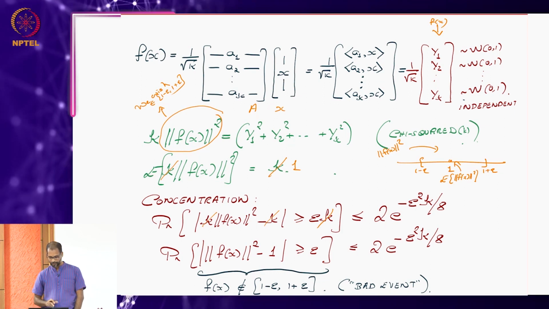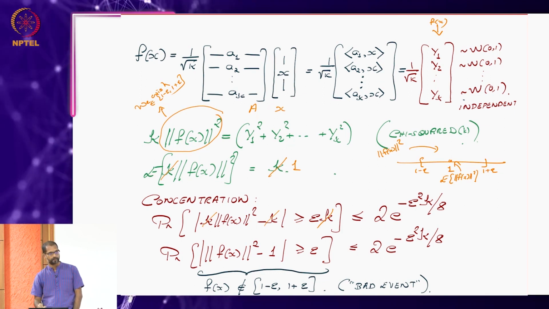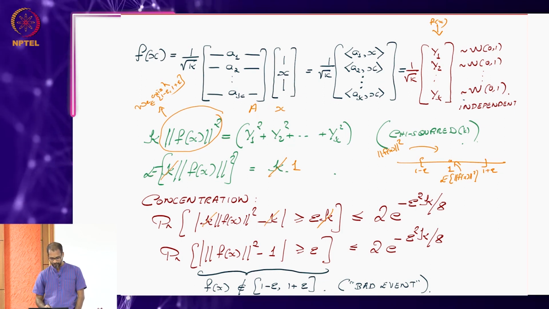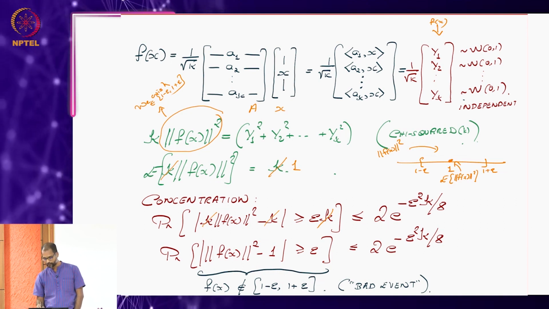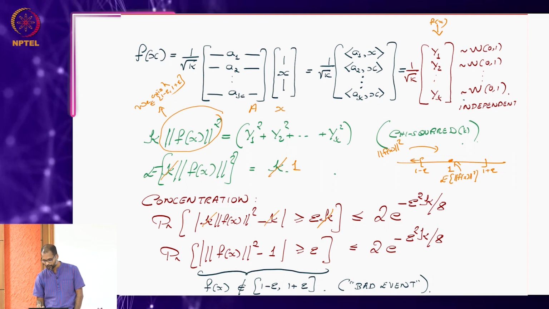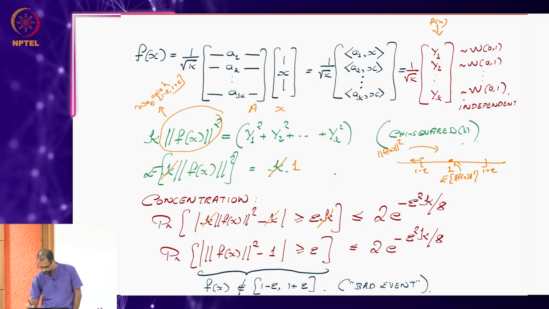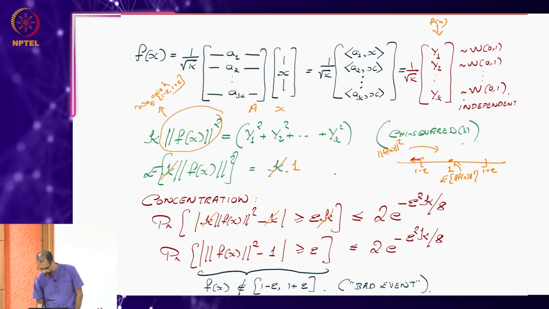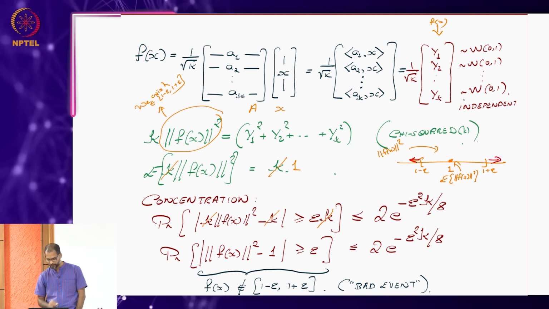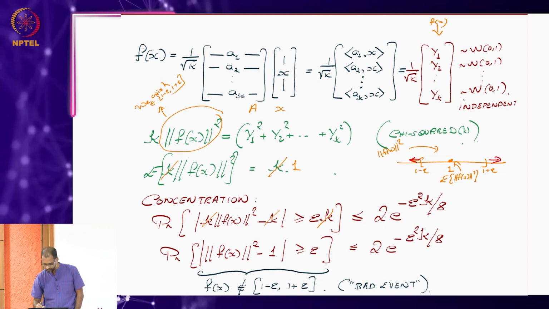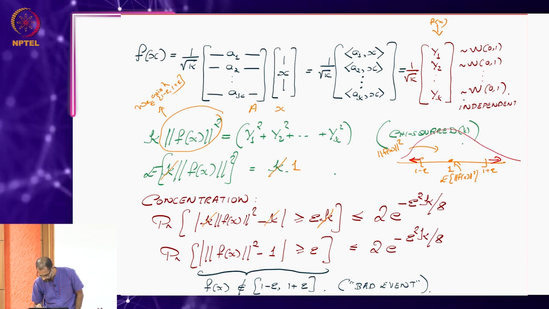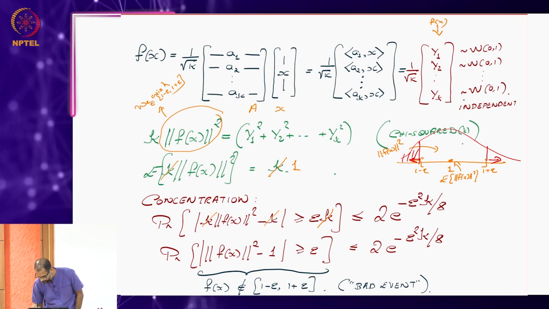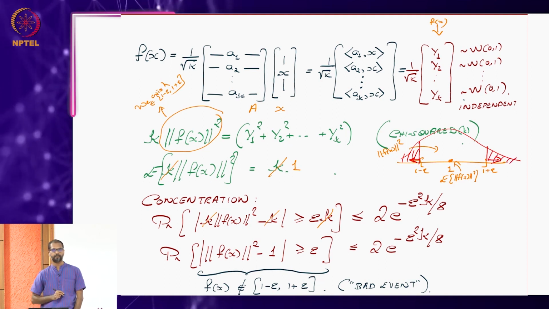The probability that this f of x squared, this random variable that I am studying, will deviate from 1 by more than some epsilon, which means the probability that it will either go here or here. That is what this red probability is, right. So, this will be some random variable which may have a curve which looks like this. We are talking about this area plus this area, okay.